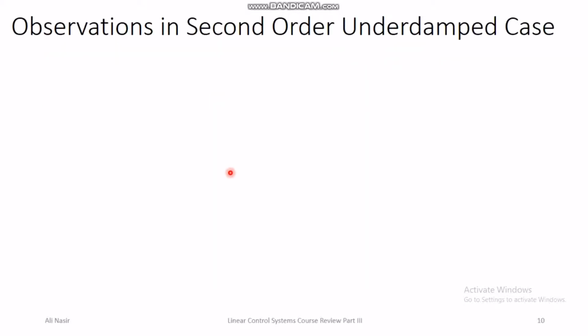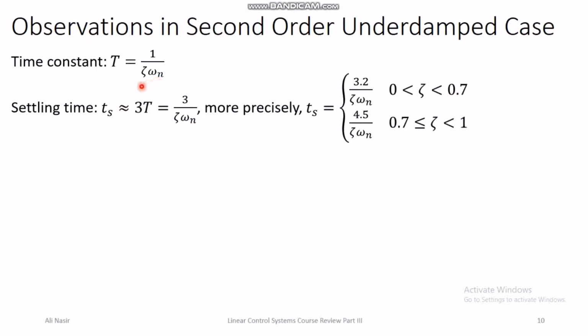Okay, then there are some observations in the second order system. First of all, the time constant of a second order system is 1 over zeta omega n, which is similar to the time constant in first order systems. You saw that in first order systems the settling time is nearly equal to 3 times the time constant.